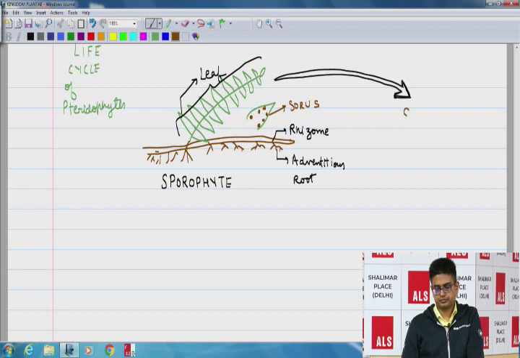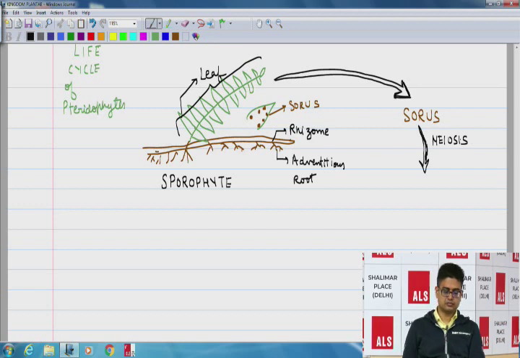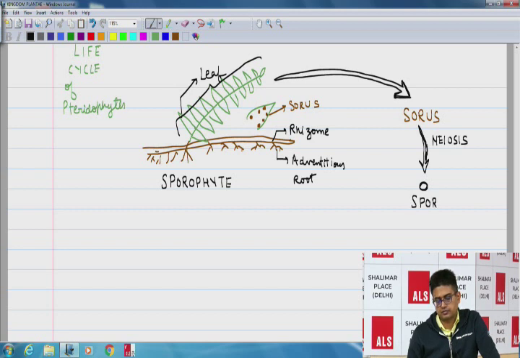In the sorus, by meiosis, spores are produced, and all spores are of the same shape and size.